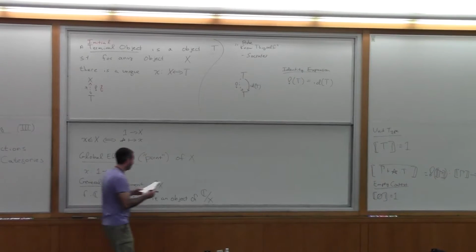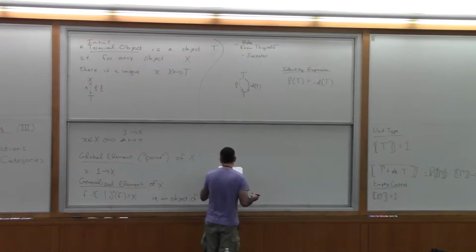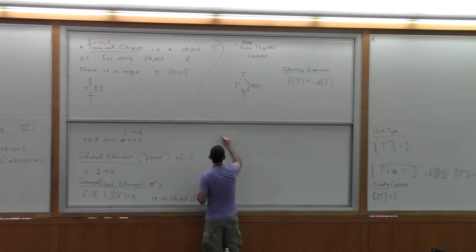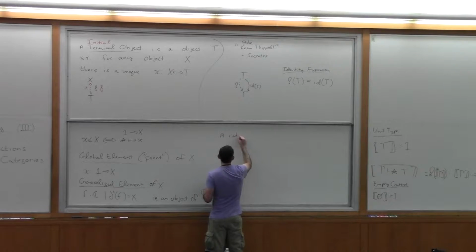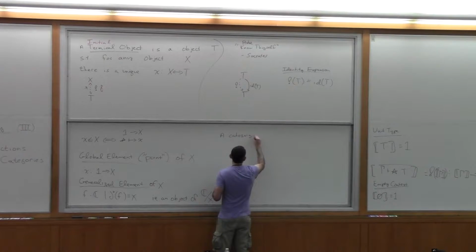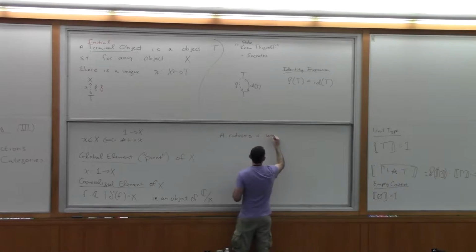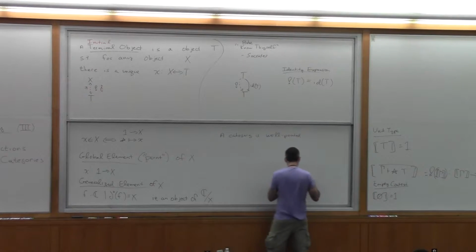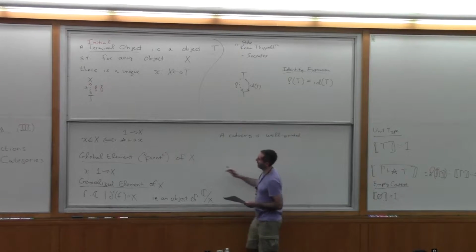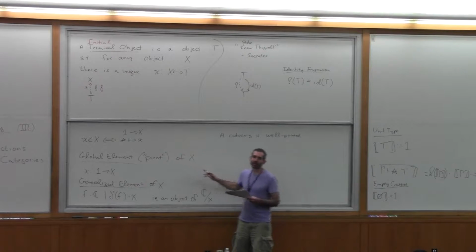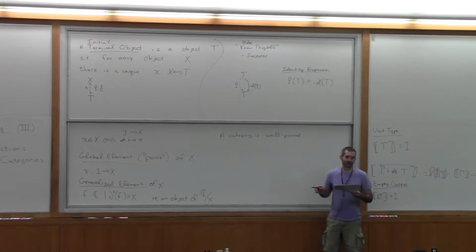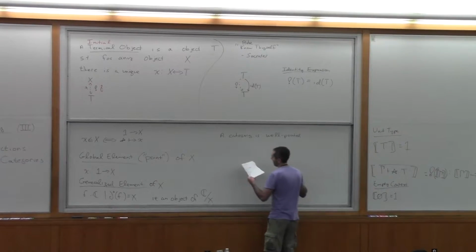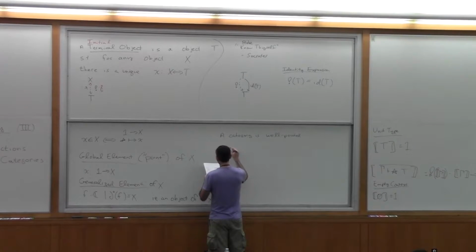Okay, and now to cash a check that Bob wrote for me on the first day, we say a category is called well-pointed if the points, that is the global elements, are sufficient to distinguish parallel maps. So let me write this out in symbols and then say it in words.